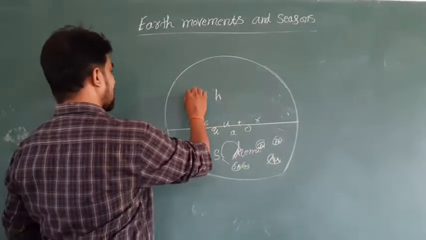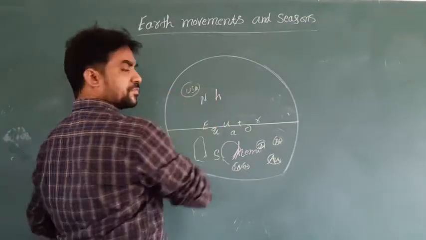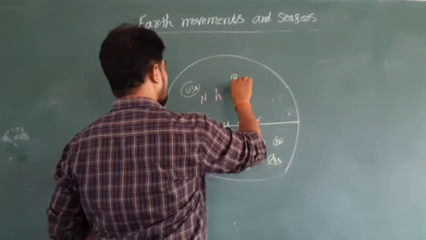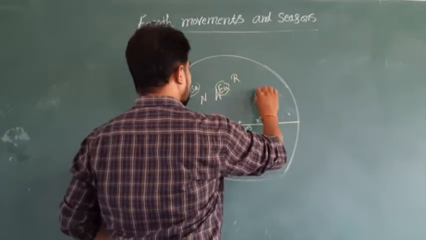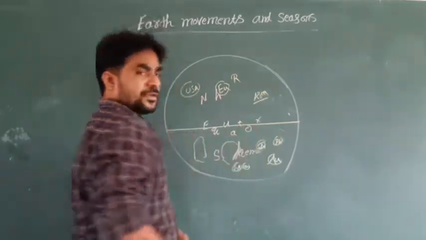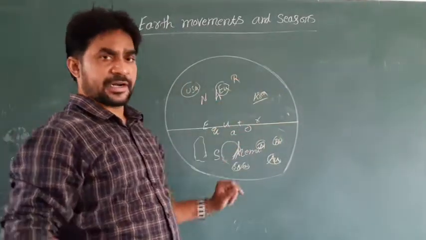And countries like USA, Russia, all European countries, and Asian countries come in the northern hemisphere.